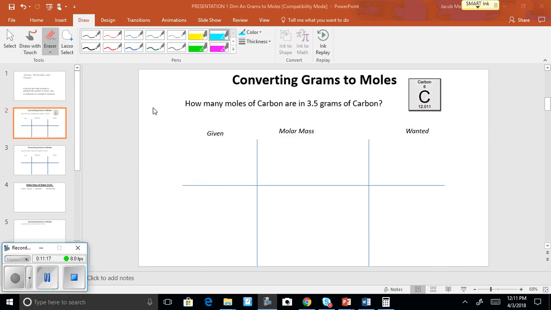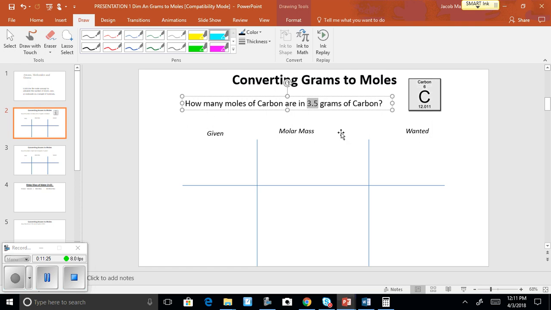Okay. And somewhere else on the sheet, what I want you to do is another practice, and we can still use carbon. Okay. But I'm going to change the 3.5 grams to, let's say, 46 grams of carbon. And I want you guys to try figuring this out on your own. Okay. So on either a separate sheet of paper or on these notes somewhere, try to answer this problem. So go ahead and figure it out.